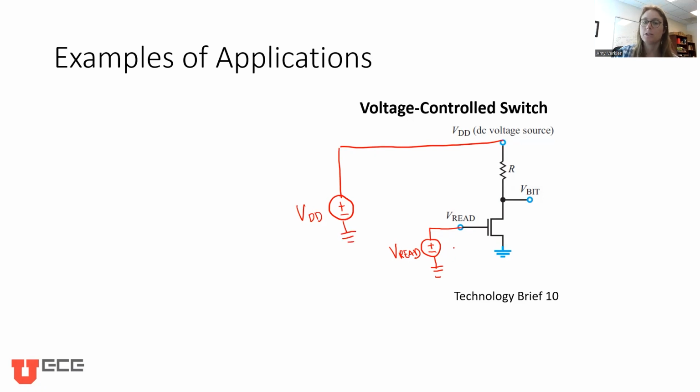Okay, so in the circuit here, since we're in the digital world, we're thinking about applying logical zeros or ones. So 0 is represented by 0 volts, 1 is represented by maybe 5 volts, and maybe VDD is also 5 volts in this case. Great. So if we apply logical 1 or 5 volts over here, that will turn on the transistor, in the case of this NMOS transistor here.